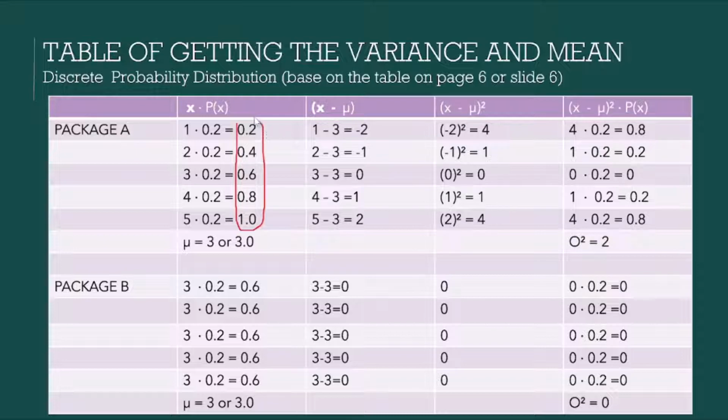The answers we get here, we're going to plus them. After plussing it, we get our mean. After we get our mean, which is 3.0, we're going to minus our mean from the x, which is this over here.